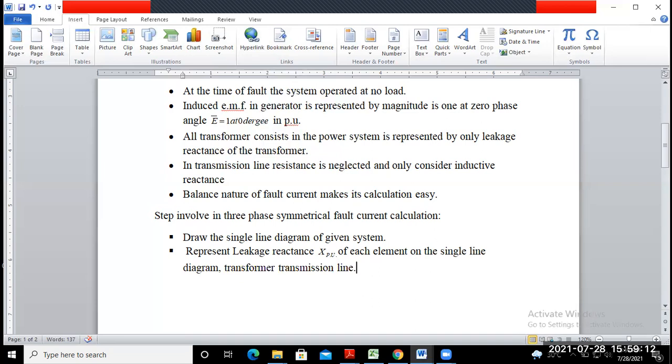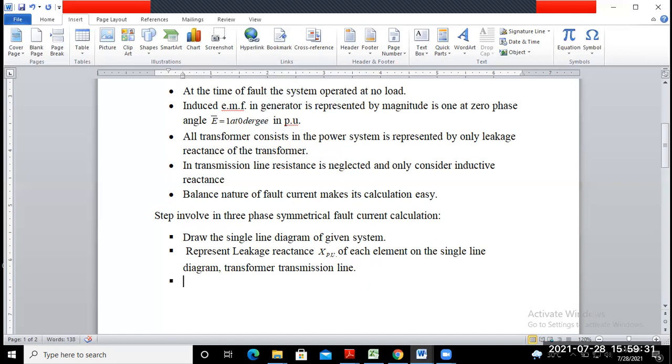Okay. So next is your single line diagram. Draw the single line diagram per phase. Here, when you draw the single line diagram in the first step of the actual system, in the last step you draw the single line diagram per phase.